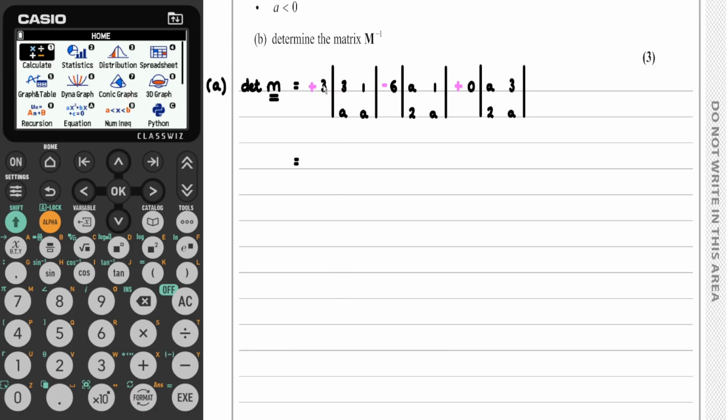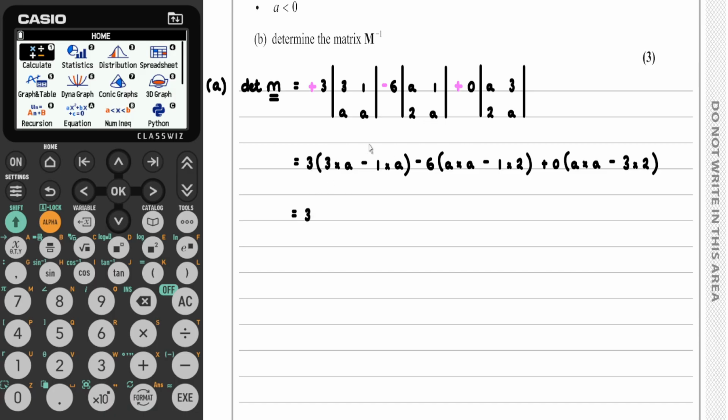So we have 3 multiplied by 3 times a, subtract 1 multiplied by a, subtract 6 multiplied by a times a, subtract 1 times 2, plus 0 multiplied by a times a, subtract 3 times 2.